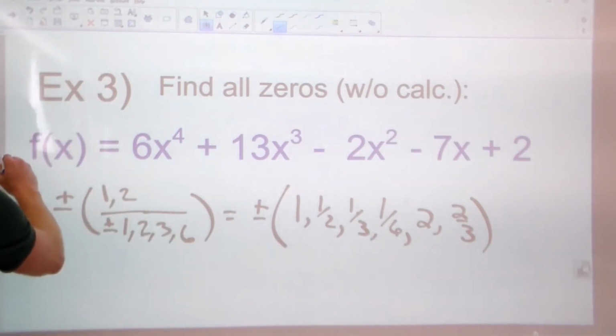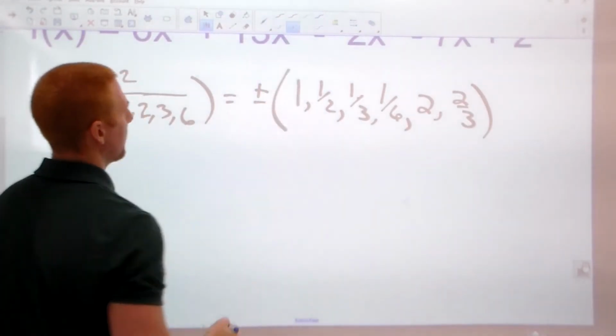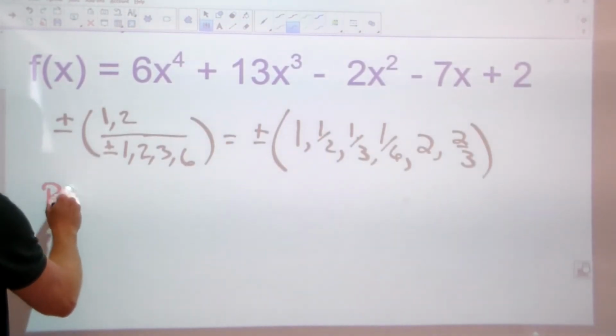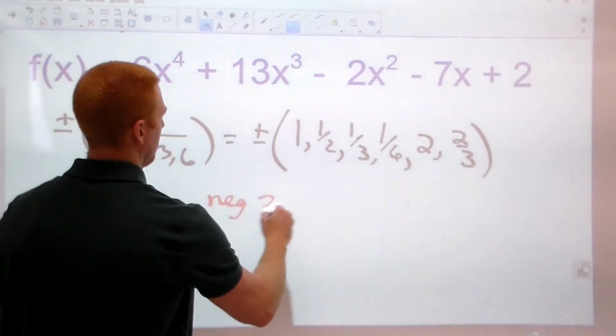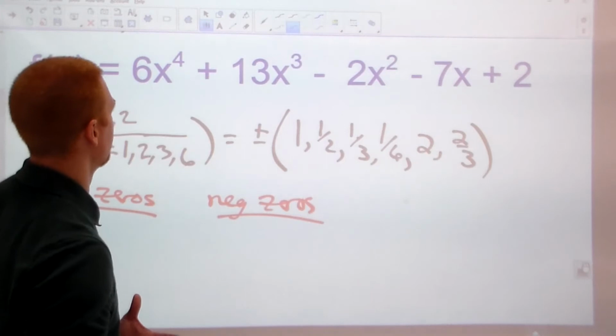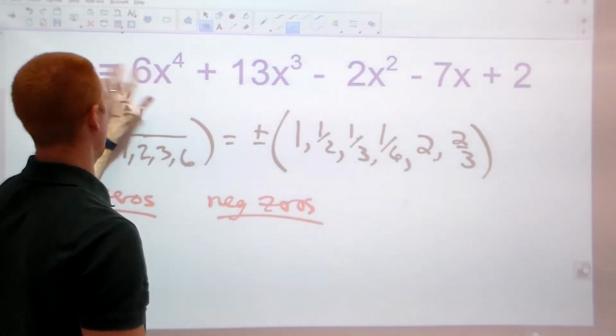All right. So the next thing I would do is Descartes' rule. Let's run through Descartes' rule and look for positive zeros and negative zeros, at least the possibilities. You're not going to know for sure, but it gives you the possibilities. I'm looking for sign changes in the original function.